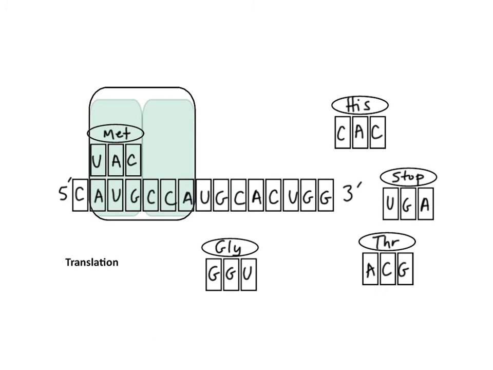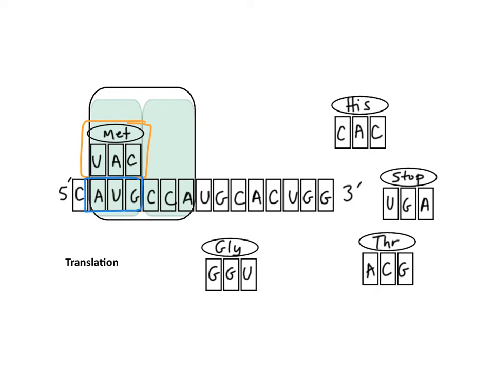Step 2, you can see what we've got here now is a transfer RNA has come over into that place where we had our start codon, and it is matched up with the bases that are opposite of the start codon.